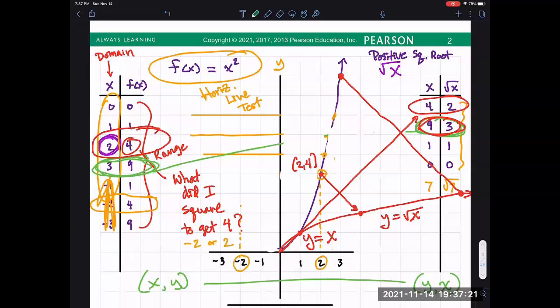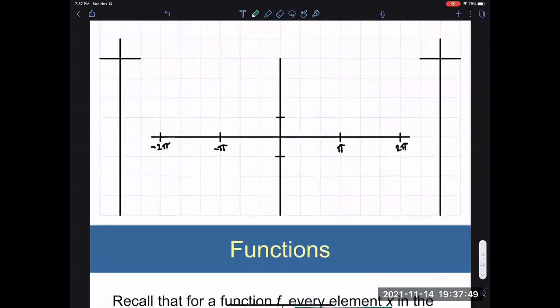So what we did by eliminating all the negative x values is we basically said we're only going to consider x values that are greater than or equal to 0, and that was a restriction on the values you could plug in for x, and that's a restriction on the domain. And so that's what we're going to do with our trig functions as well. We're going to restrict domains to then have a function which we can create an inverse for.